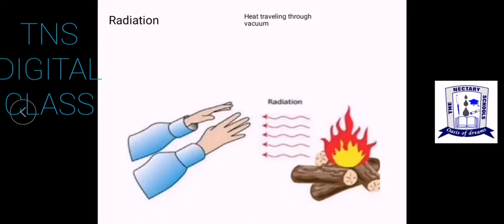Anyone that is a bit distant from this spot where the firewood is burning will experience some kind of heat that is being generated by the firewood through radiation, as we can see from this diagram. Heat traveling through vacuum. The body, the hands, does not need to touch the fire before the effect of the heat is observed.